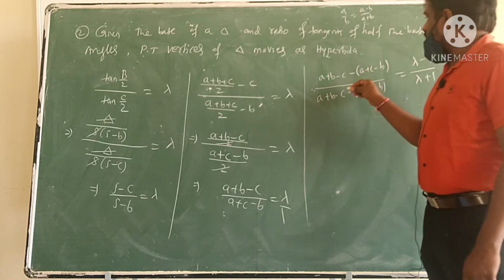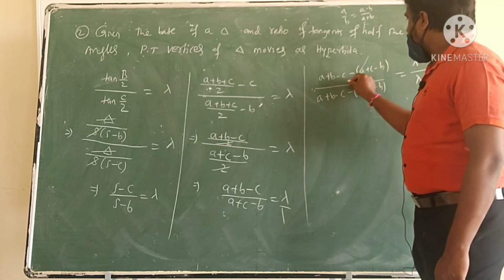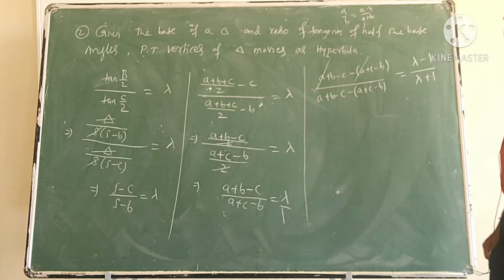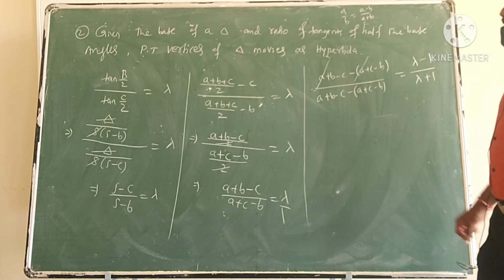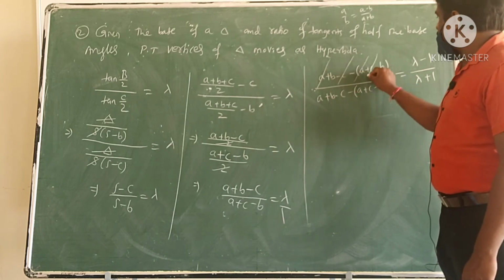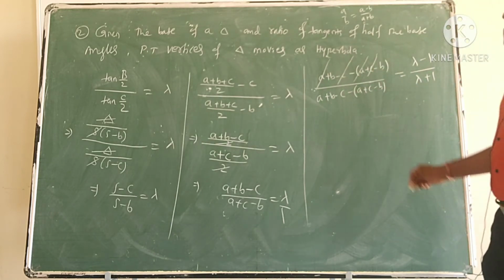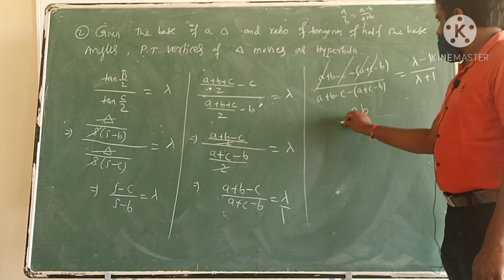So what I get here on the top, this a gone, and this c is also gone. So you get 2b, right?